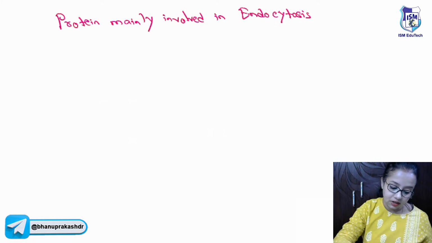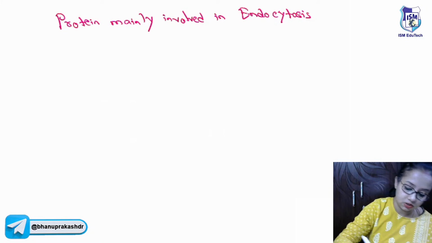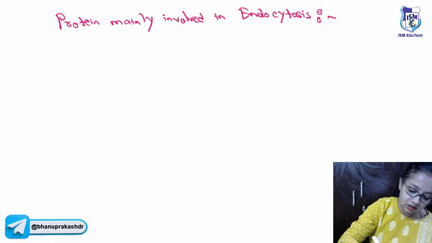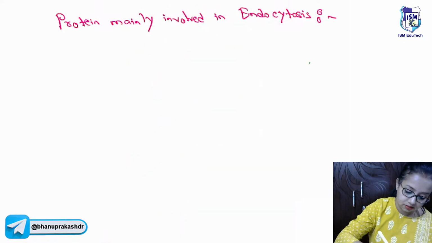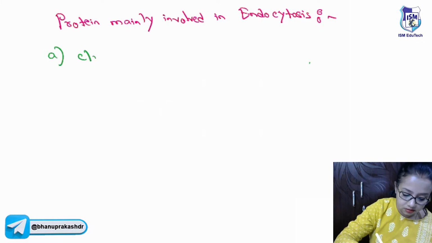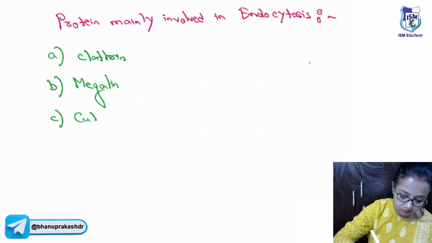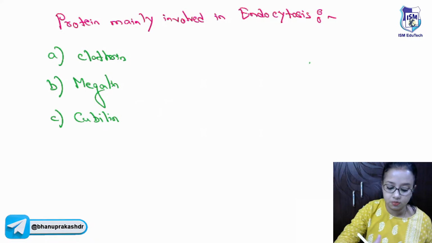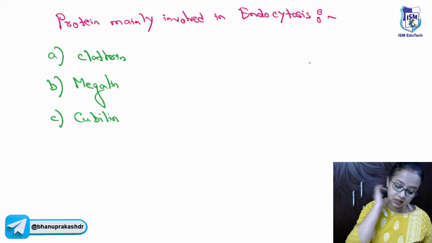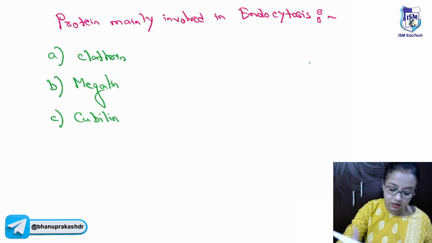We will come to that. Now, the proteins mainly involved in the process of endocytosis are clathrin, megalin, and caveolin. These are the main proteins which help in the process of endocytosis.